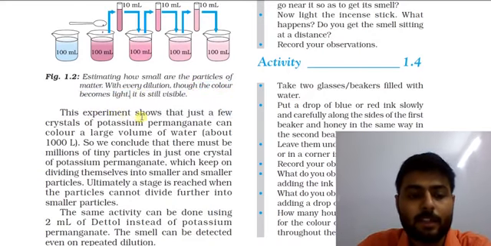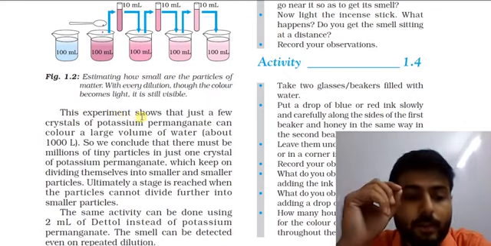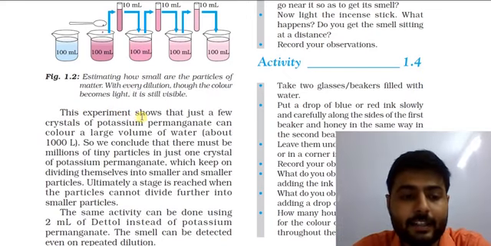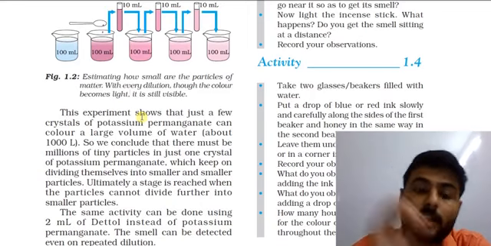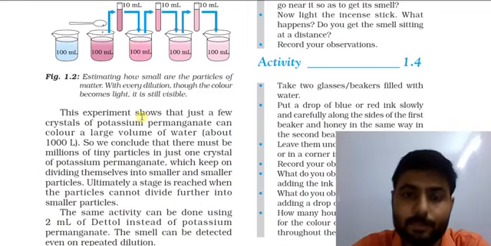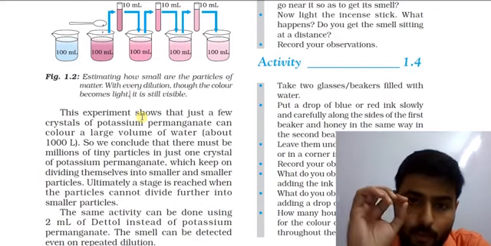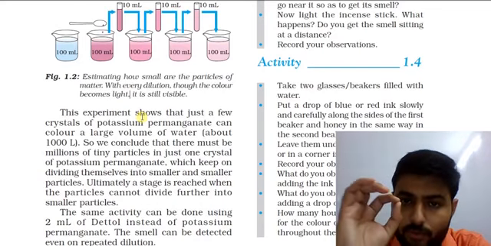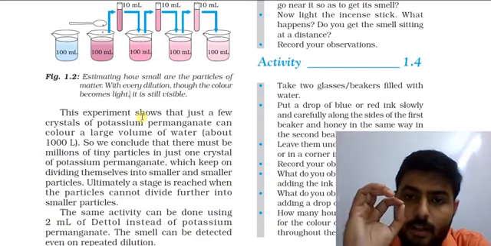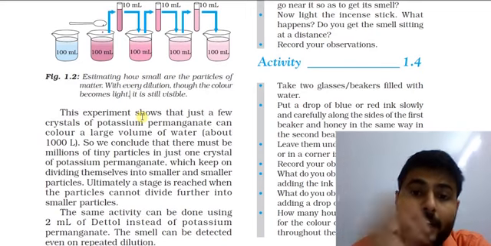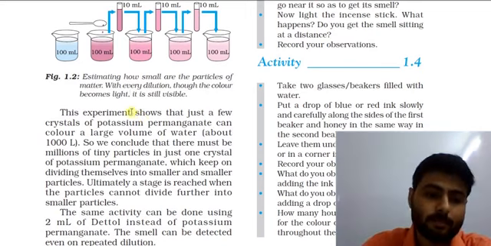This experiment shows that just a few crystals of potassium permanganate can color a large volume of water, about 1,000 liters. A few crystals, 4 to 5 crystals, can color a large volume of water.